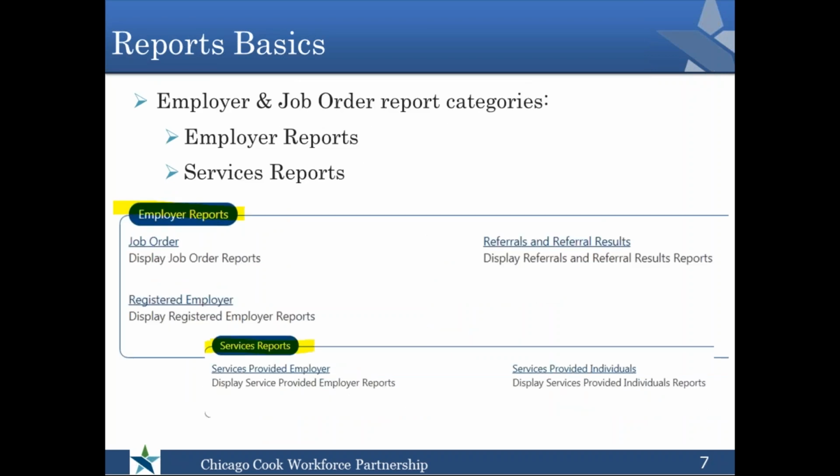For those of you who were at the contractors meeting last week, we went over a couple of employer reports because we know you also have to report now on your job orders and your services to employers. So those reports are available in the employer reports and also the services report sections of the detailed report.